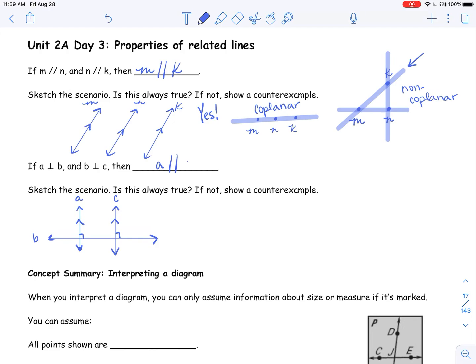A is parallel to C. Is this always true? So this is where things get a little bit weird, okay?